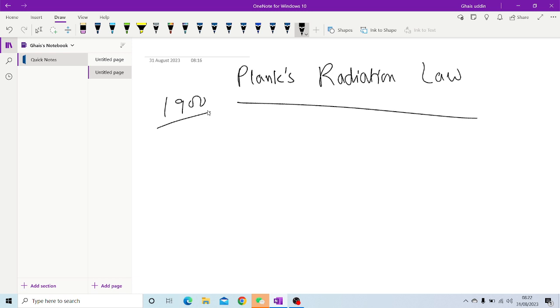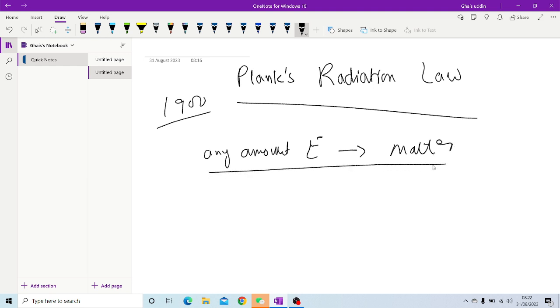The Rayleigh-Jeans assumption was that the standing waves can exchange any amount of energy with matter, and this was the main problem.